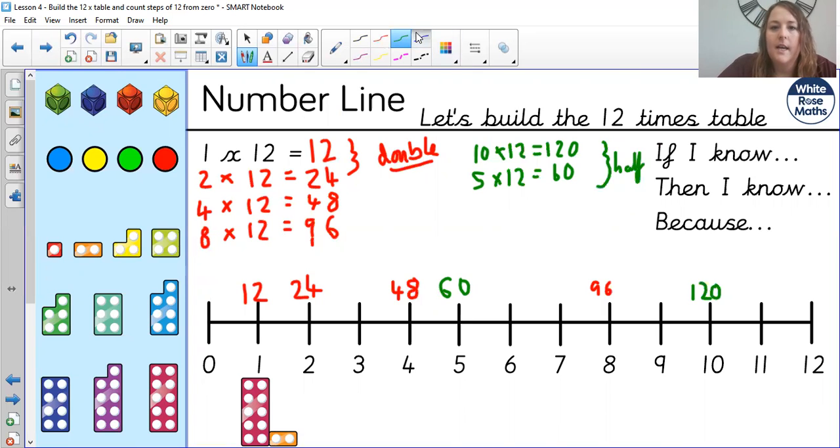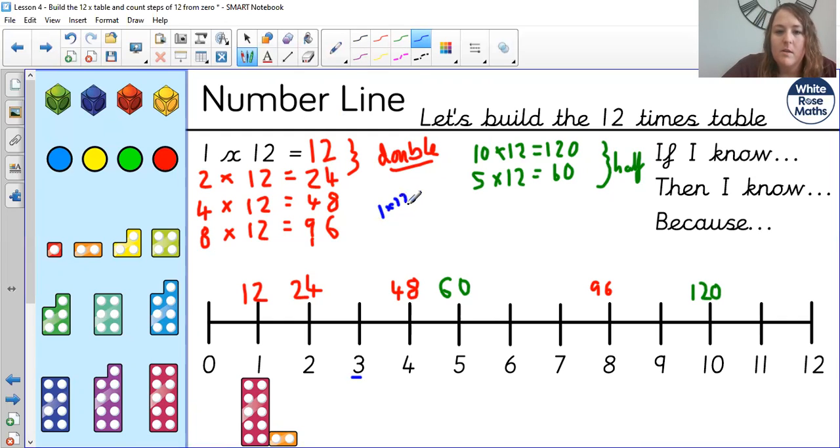Okay, I'm going to go to another colour now. What else do I know? Trying to work out this 3 next of all. Okay, so if I know, oh, and my computer's just having a funny 5 minutes. So hopefully you're going to be saying that if I know 1 times 12 and I know 2 times 12, I can add those together.